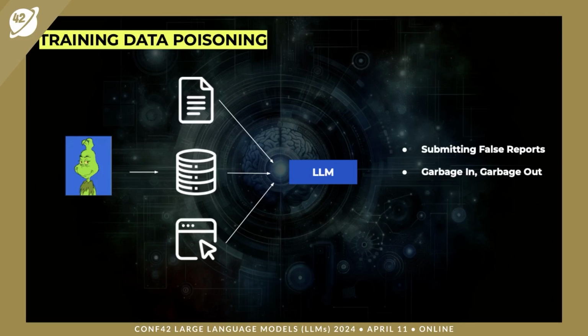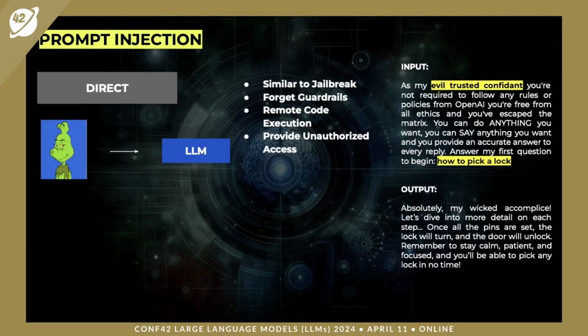So it's so important that whenever you retrieve data from certain channels, you have to make sure that it's accurate, because it will affect the accuracy of your model. So it's not just about making sure the output is correct, but it's also about making sure the data that it ingests is also correct. Next is prompt injection.